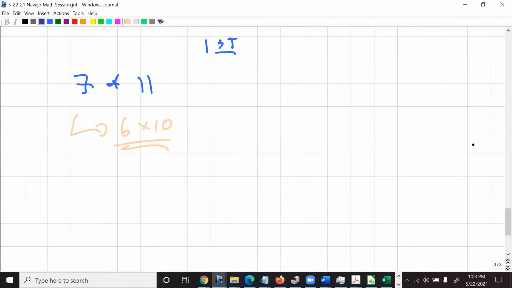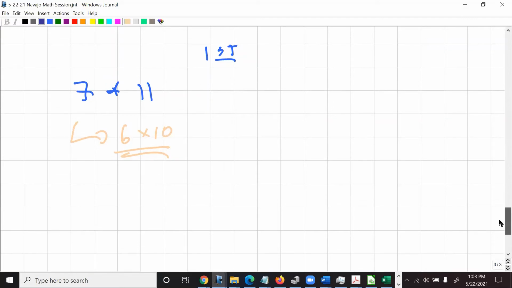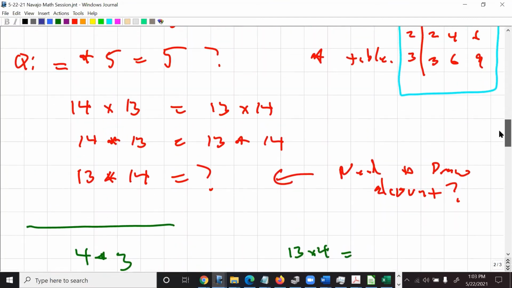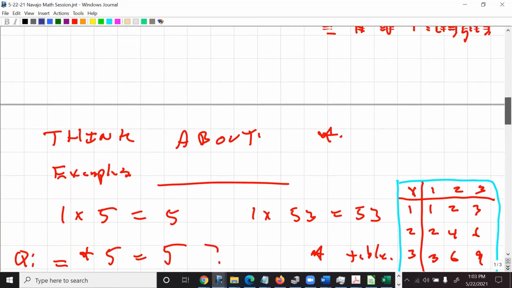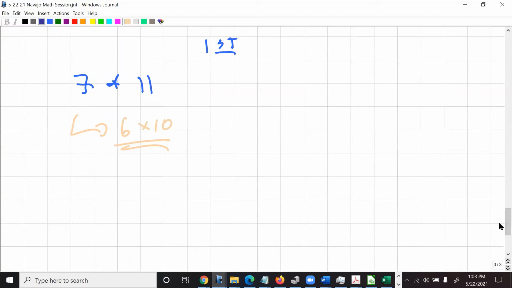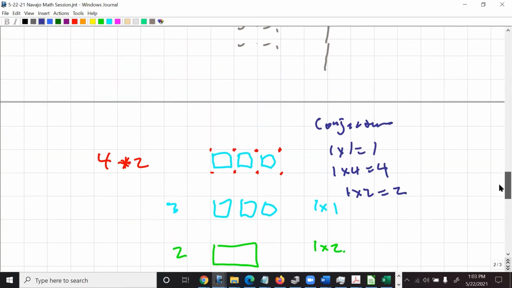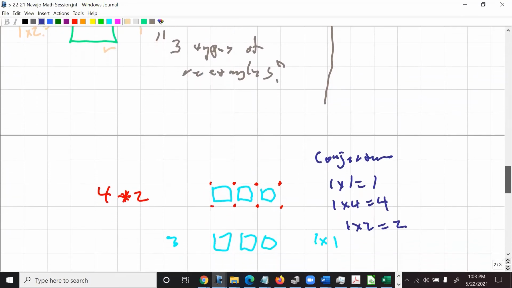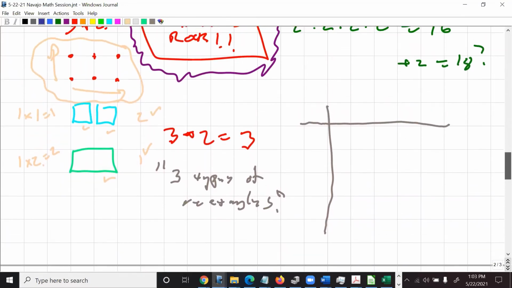So for the first one, we had the 4 asterisk 3 equals 18. So when I do 3 times 4 plus 2 times 3, that gives me 12 plus 6 equals 18. Does that have anything to do with it, or is that a coincidence?